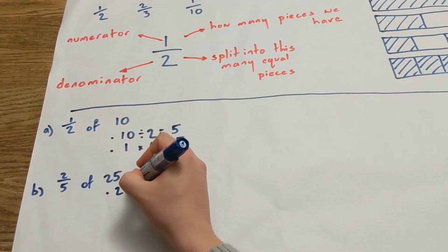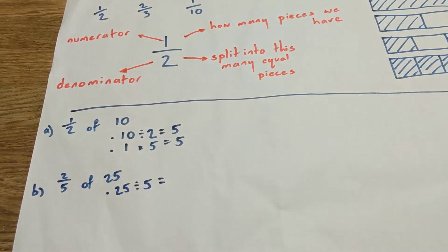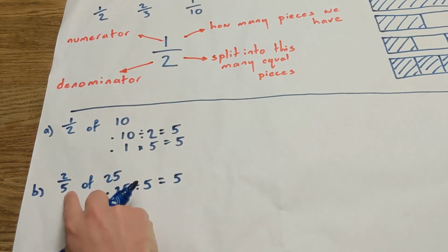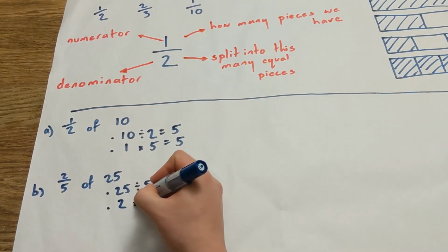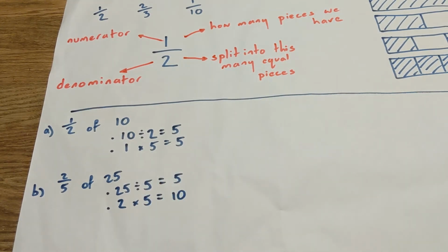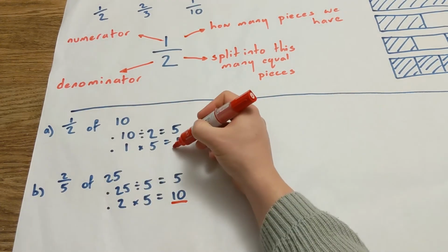So that's 25 divided by 5, and that is 5. I have 2 of these pieces, so I do 2 times 5, which gives me 10. So 2/5 of 25 equals 10.